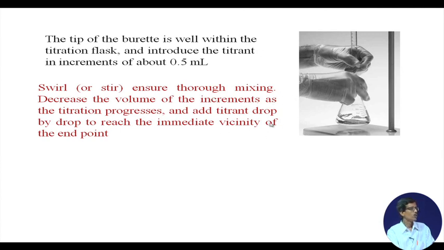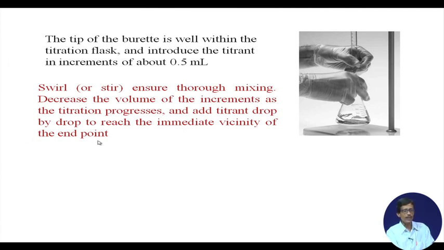So, initially we add the first additions of the titrant quickly, but slowly, as we proceed towards the end, that means after addition of 20 ml or 21 ml of the titrant, we should add drop by drop in the immediate vicinity of the end point.